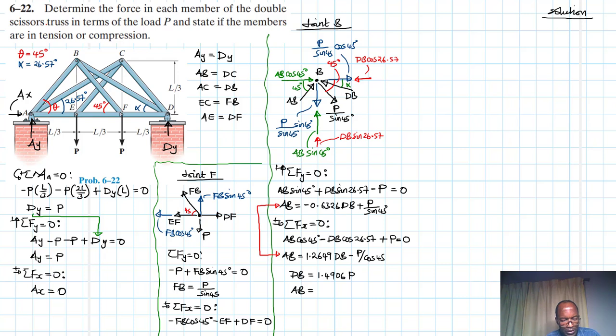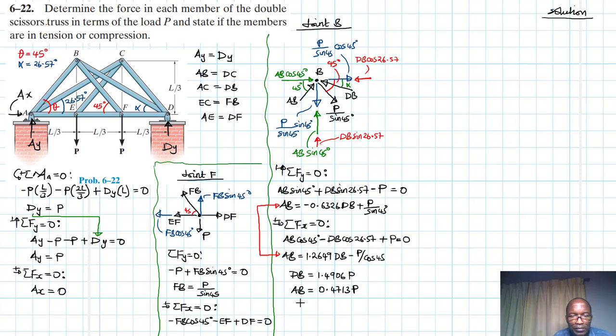So let's find AB. Minus 0.6326 times 1.4906, plus 1 divided by sine 45 gives us 0.4713 P. Let me check the other one there. 1.2649 times 1.4906 minus 1 divided by cos 45 gives 0.4712.